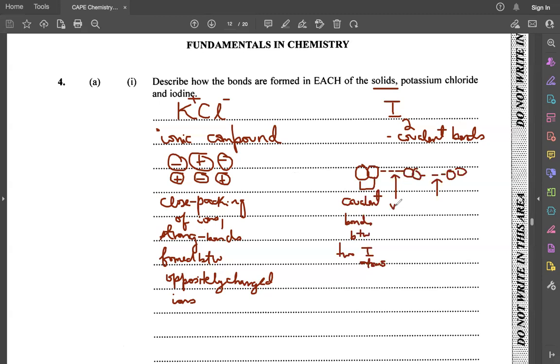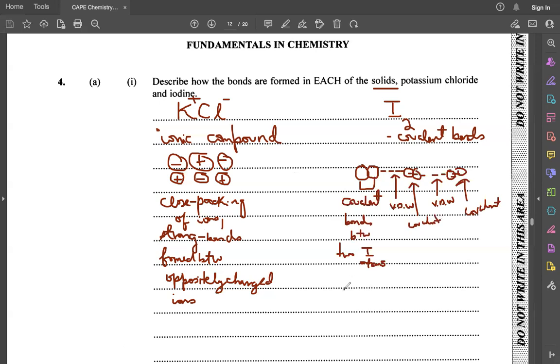On some level, we have van der Waals forces, VDW, that connect the molecules to each other. But within the iodine molecule itself, there are covalent bonds that hold the atoms together. So that's a mixed bonding system in iodine.